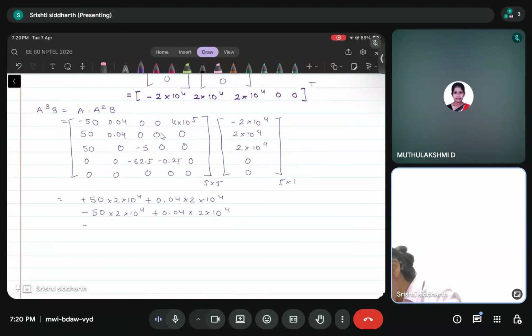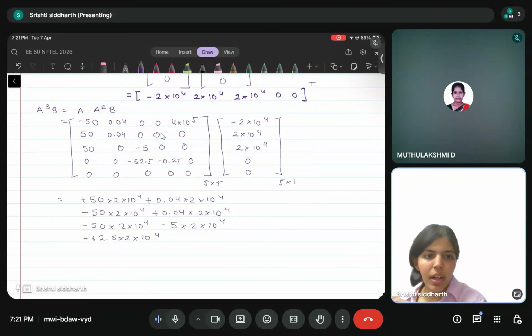Okay, then we have minus 50 and minus 5 into 2 into 10 to the power 4. And then this is minus 62.5 into 2 into 10 to the power 4.